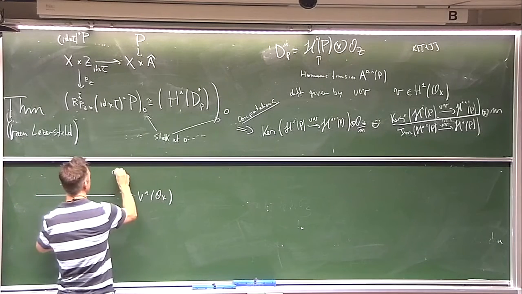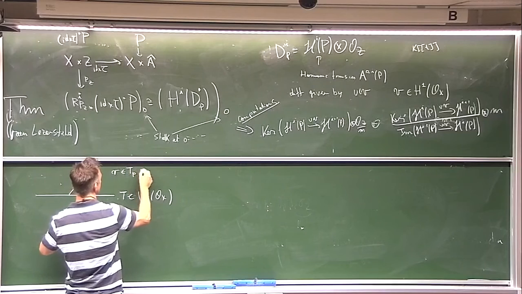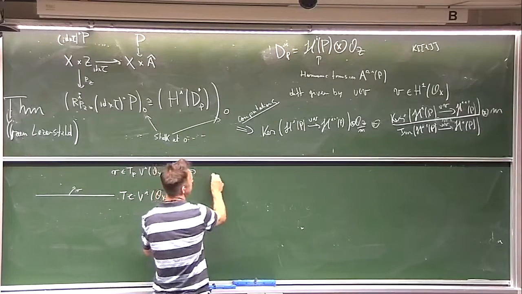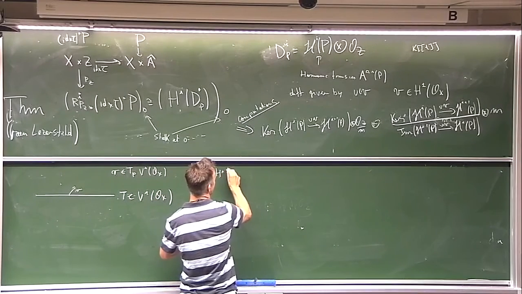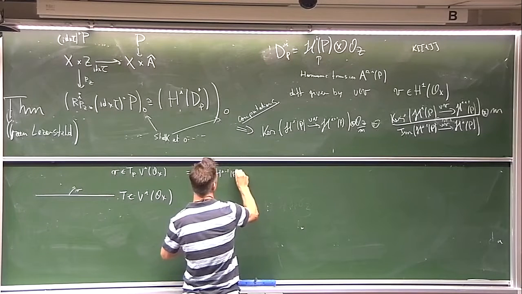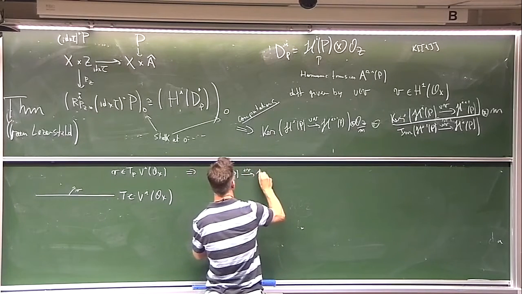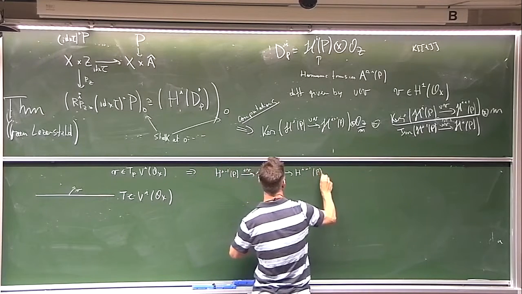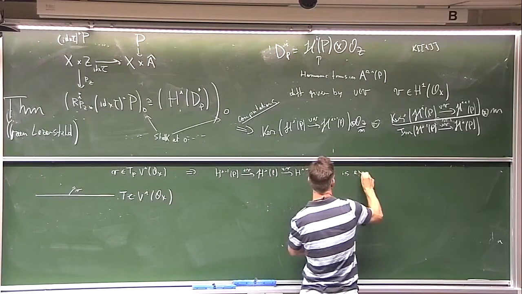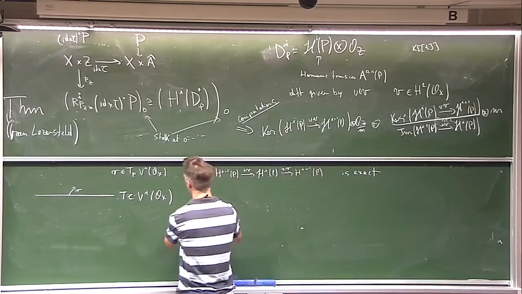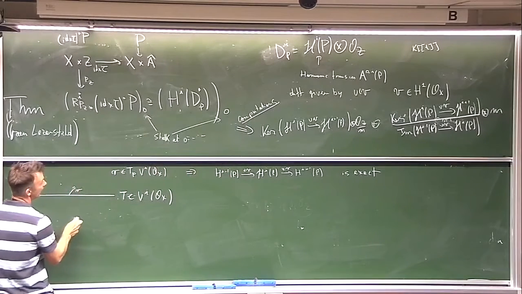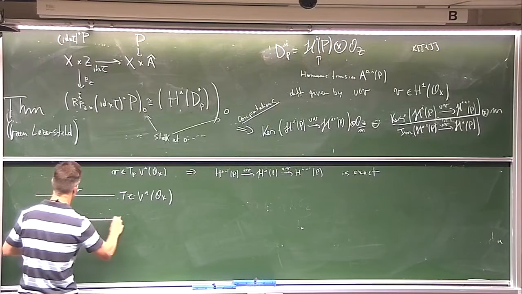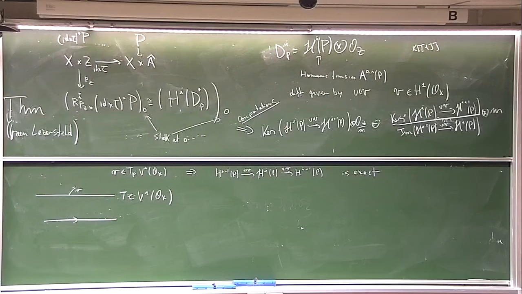So if V is not in the tangent space at P to V^i of O of X, then the maps from H^{i-1}(P) to H^i(P) to H^{i+1}(P), cup V, are exact. If, on the other hand, the map is tangent, let me double check that I've written that statement correctly.